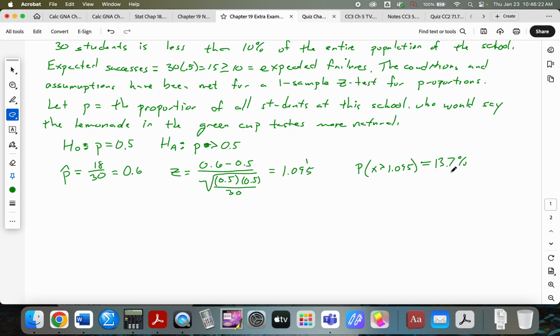And we normally do our P-scores as a decimal, but you can do it as a percentage. Either one is fine. So what you would say would be something like this. With a P-score of 0.137, we can either reject the null or we can fail to reject the null.